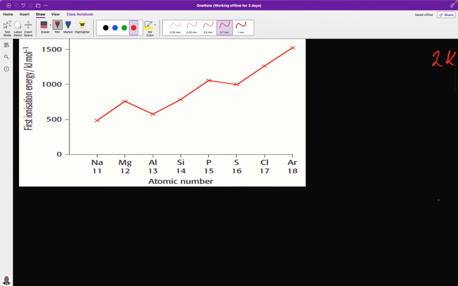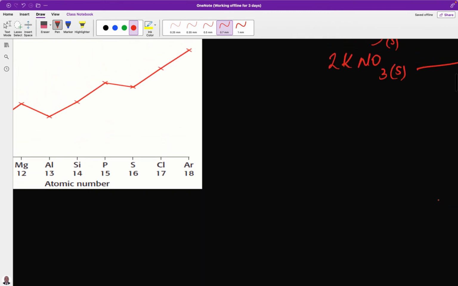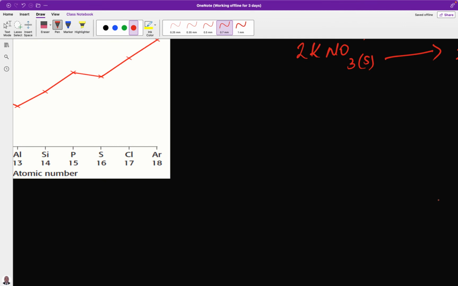And how does it vary? As you go down the group, the atomic size of the elements is increasing. So if the atomic size is increasing, the force of attraction between the nucleus and the outer electrons is decreasing.